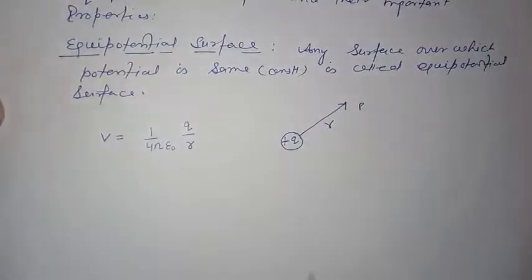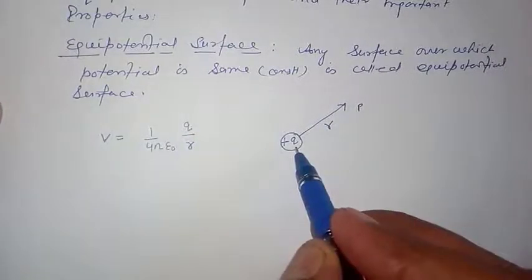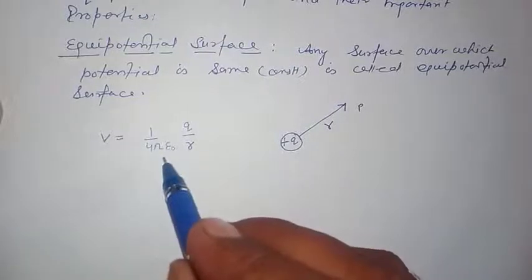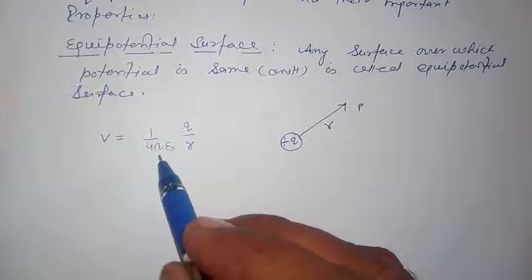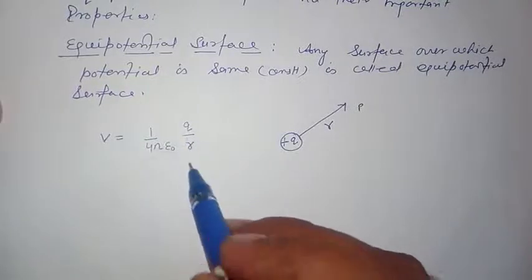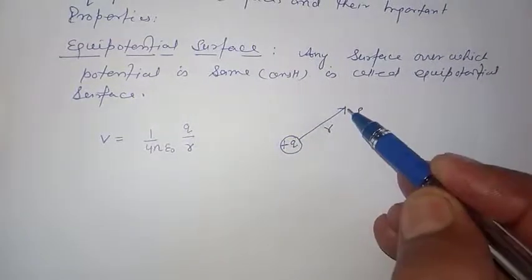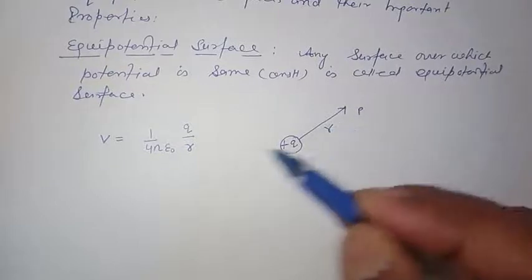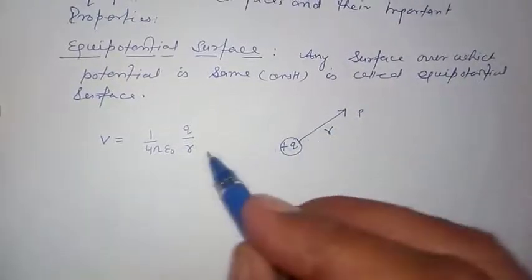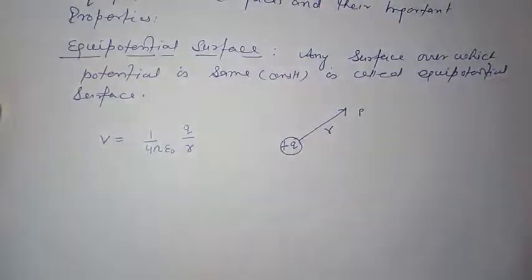Now see here, q is constant, that is, the magnitude of charge is constant. 1 upon 4 pi epsilon 0 is also constant, its value is 9 into 10 to the power 9. Only R is left, the distance between the source and the observation point. If R is constant, V will be constant. Now what does it mean?